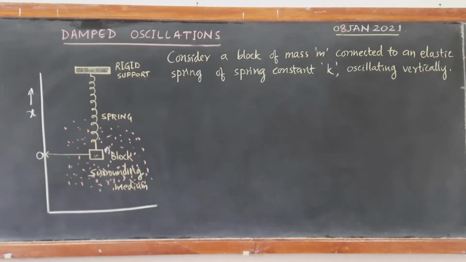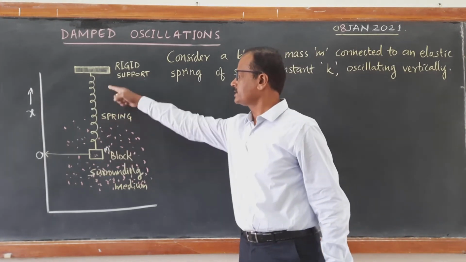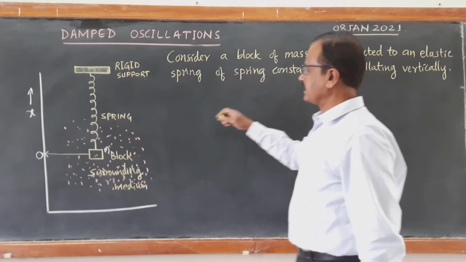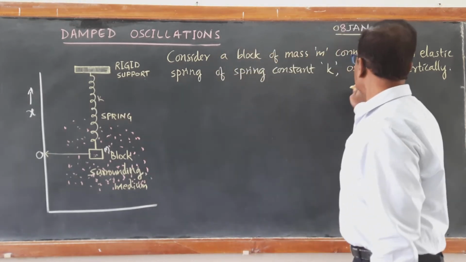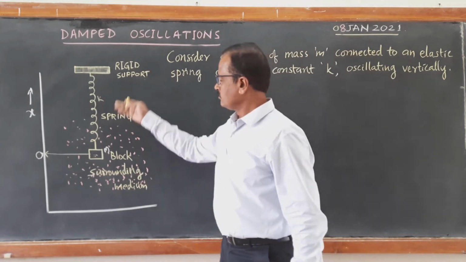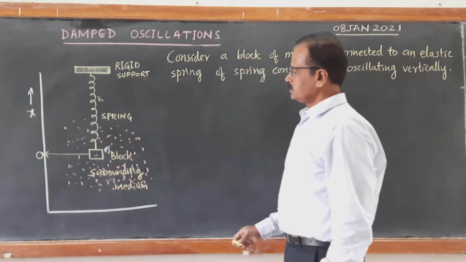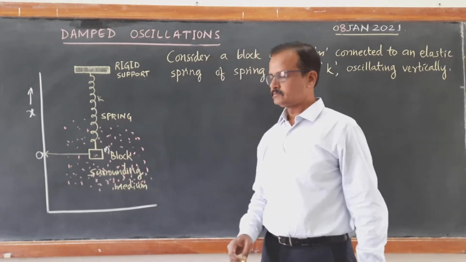Now consider a system in which a block of mass m is connected to an elastic spring of spring constant k, oscillating vertically. Here it is surrounded by air.